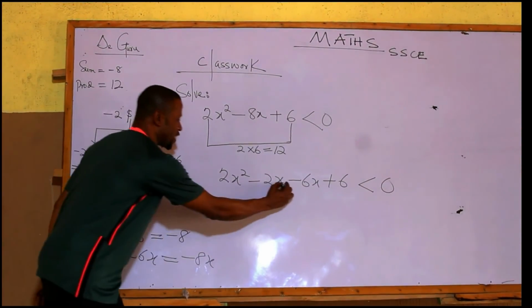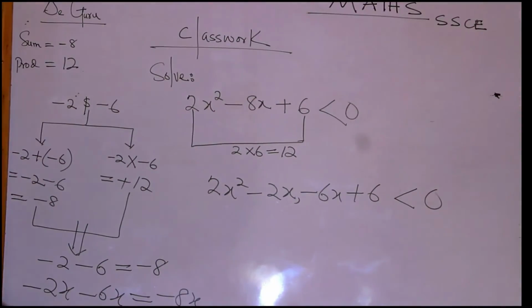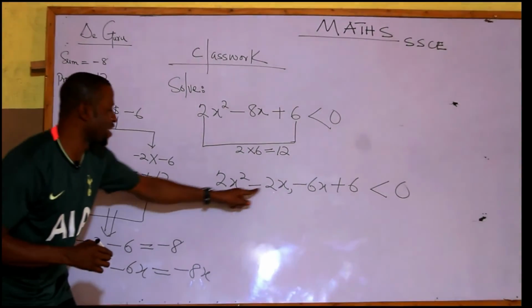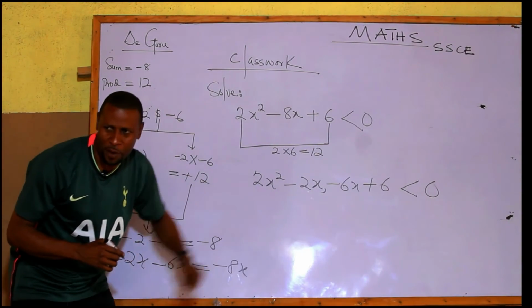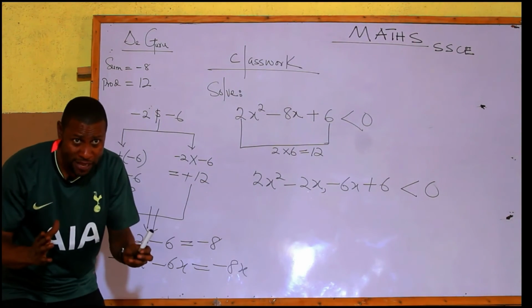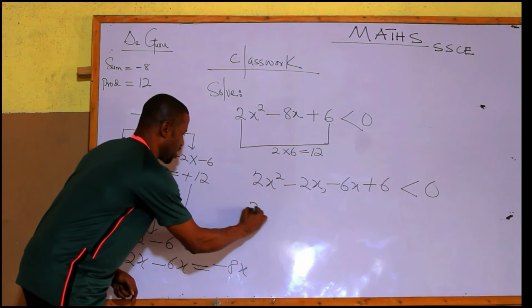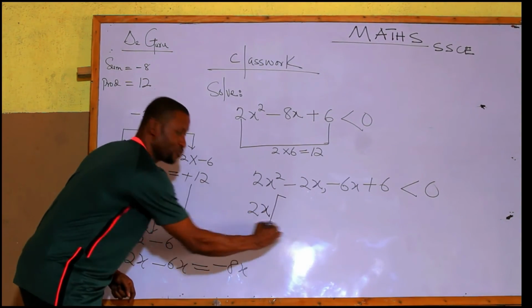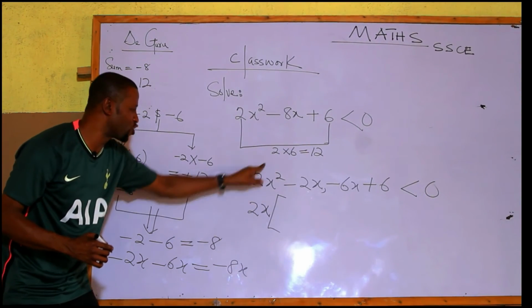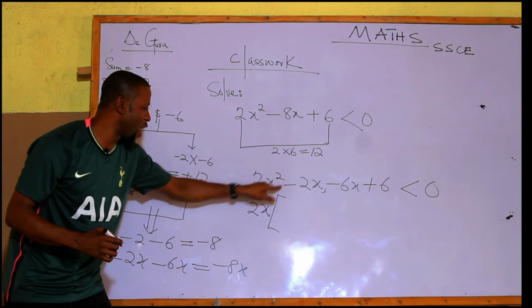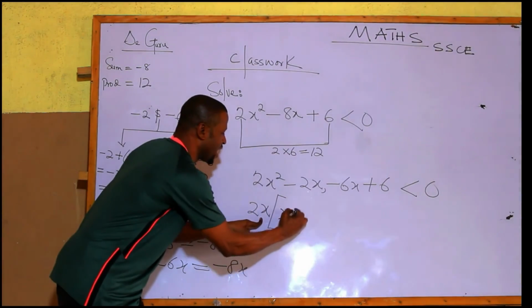Now we factorize. Is there anything common to the first two terms? Yes, 2x. 2x squared divided by 2x gives x.